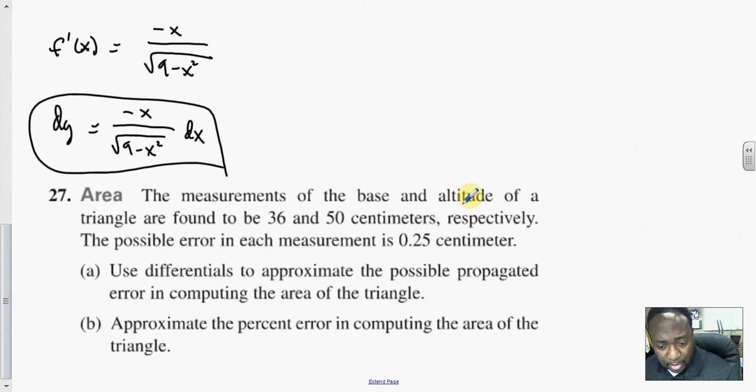They're actually giving you the so-called delta x, if you will, but here for the base, we'll call that delta b, is plus or minus 0.25 centimeters, and then the delta h, the error for the height or the altitude, if you will. I just use h. You get the same numbers.